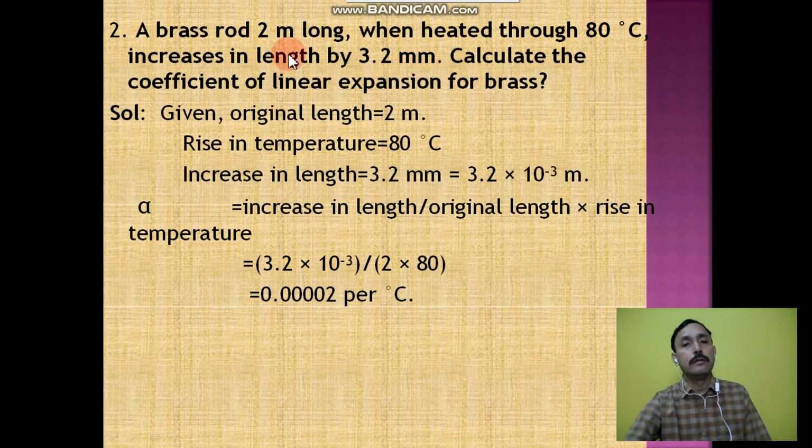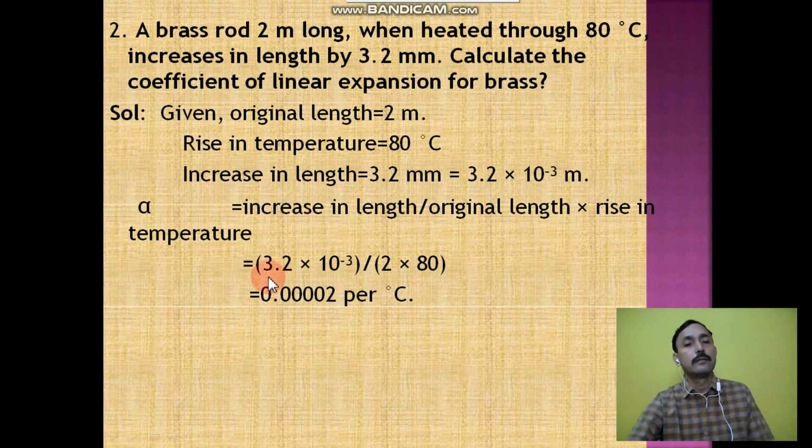We know delta L by L0 is equal to alpha into delta T. What is delta T? Heated through 80 degrees centigrade. This is the delta T. So alpha is the increase in length by the original length into the rise in temperature.